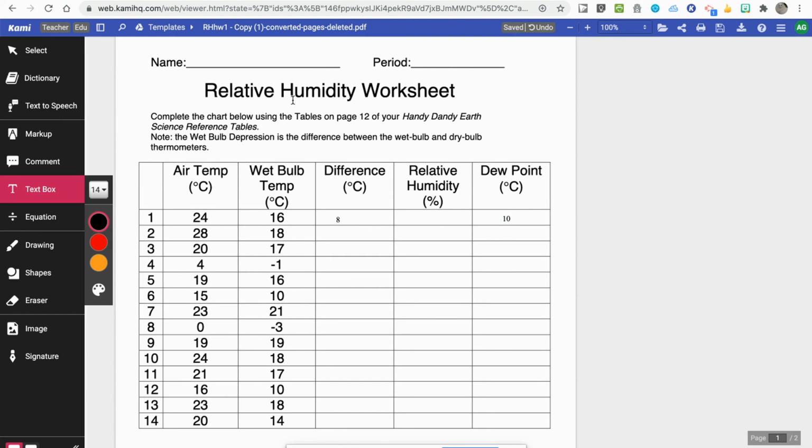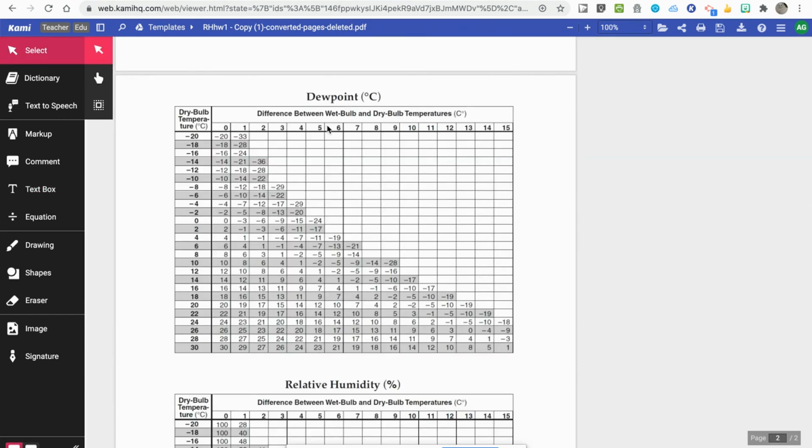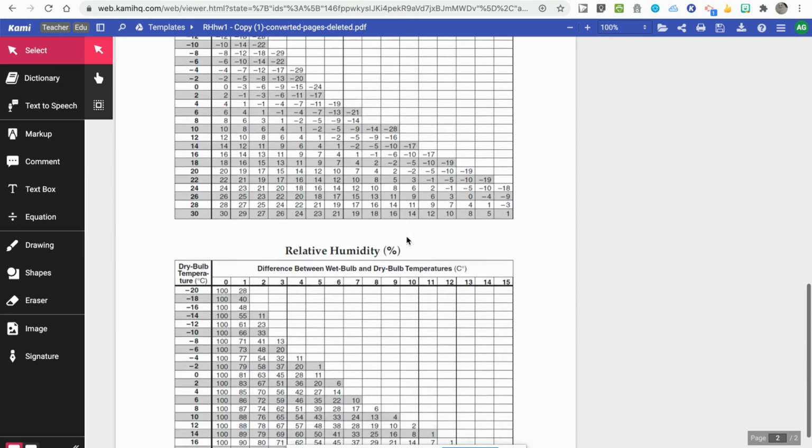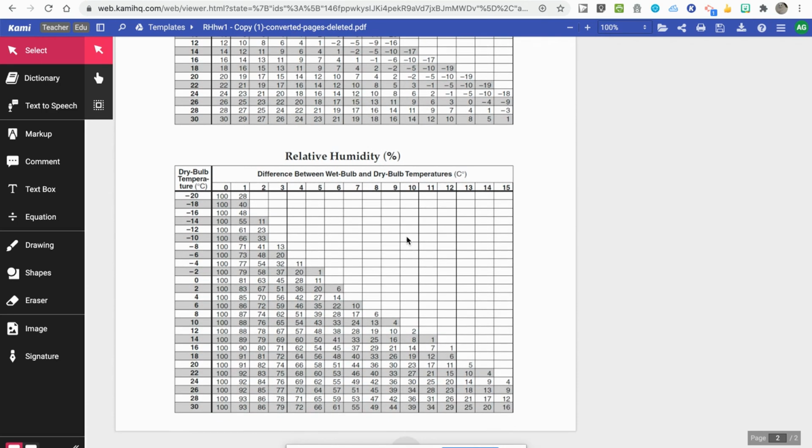Okay, and I need to go over here to find my relative humidity. So I'm going to do the same thing. So my relative humidity, again, is a difference. So it's going to be 8. I'm going to go down to where it says 24. And here it says 42.